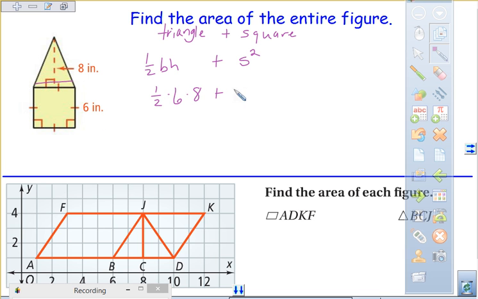And the area of the square is 36. So when I work this out, I get 24 plus 36, which gives me 60 square inches. So finding the area of the shapes separately and then adding them together.